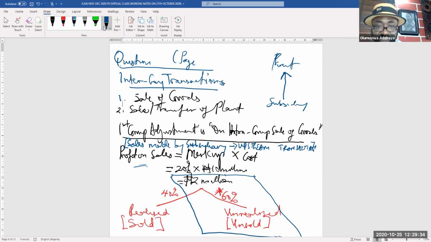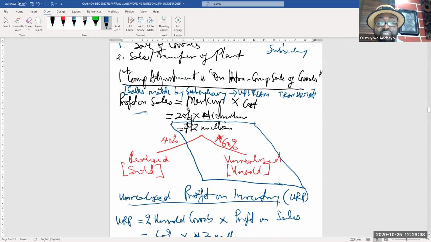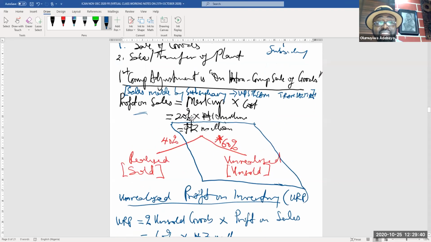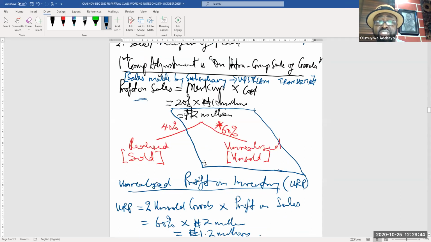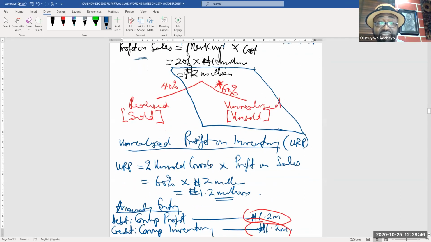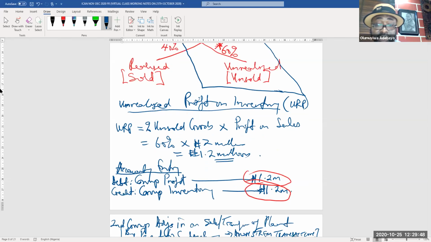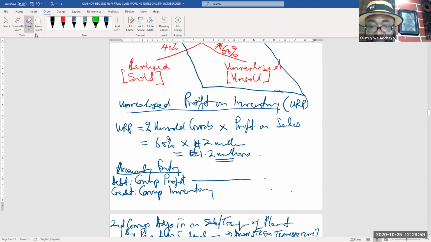We call it an upstream transaction. The implication is that it doesn't change how we identify unrealized profit, but it affects our accounting entry. And what the second to the last speaker explained, I will explain once again in case you didn't get it.